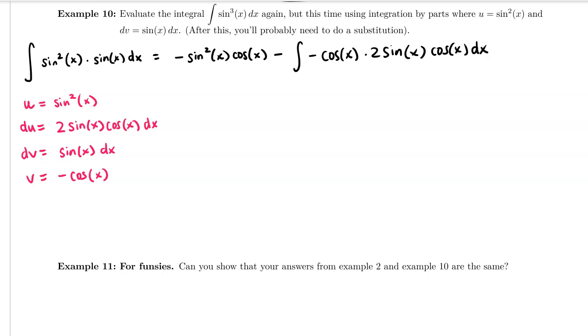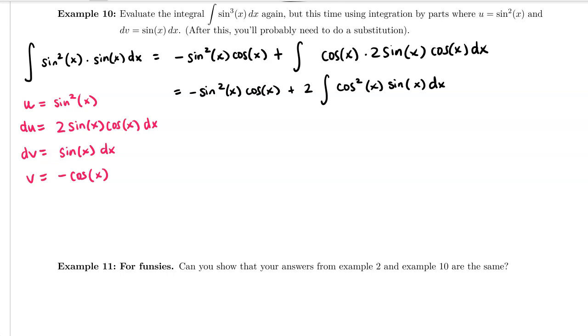I'm going to go ahead and factor out this negative sign and make that a plus. And then I'm going to simplify my integrand there. I will factor out the 2, and then we have cosine squared x times sine of x dx.